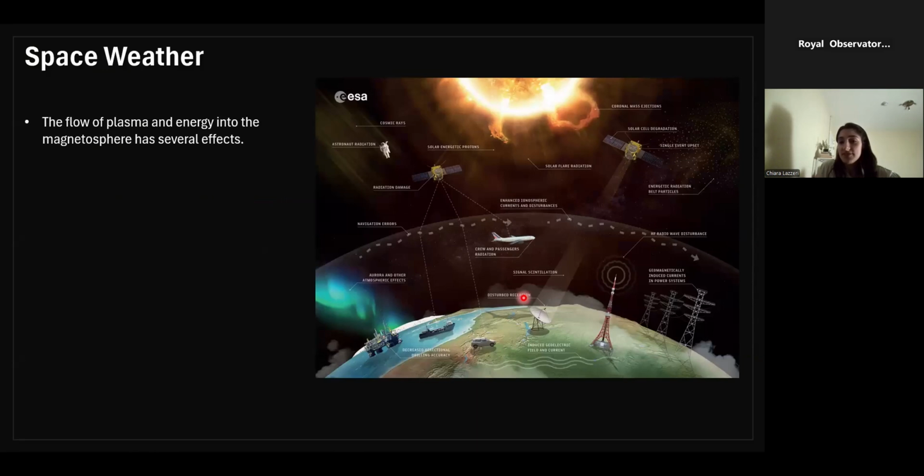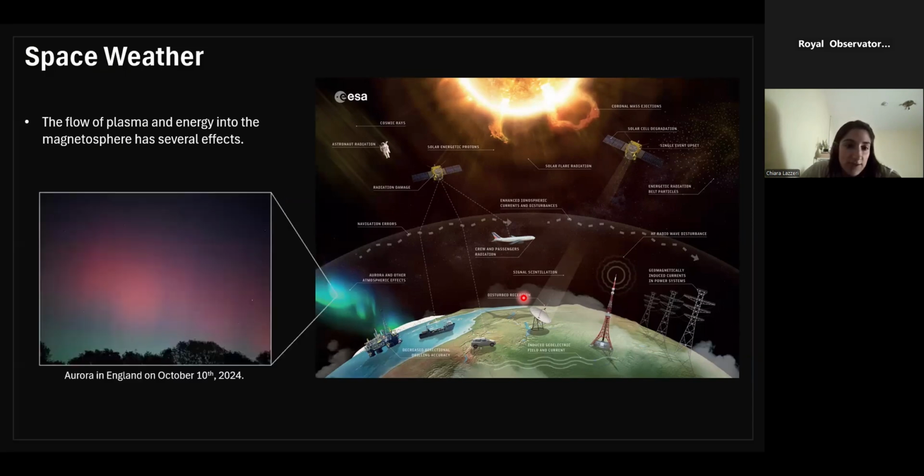So I've just given you an example of why it's so important to study the magnetospheric interaction with the solar wind. It's not just important from a scientific point of view, but also because it affects our day-to-day life. In fact, the flow of plasma and energy into the system can have several effects, which we usually call space weather.